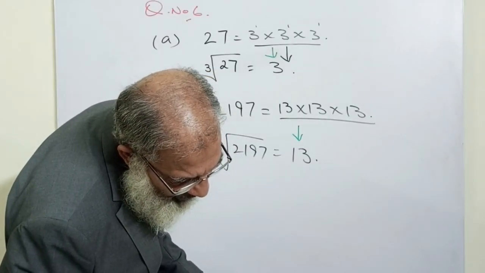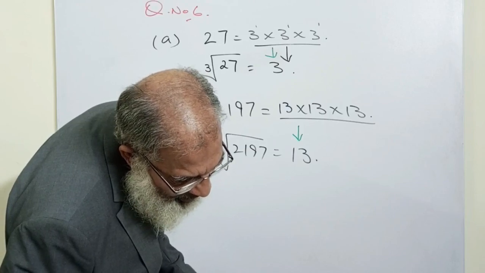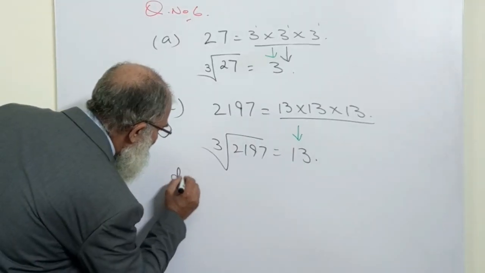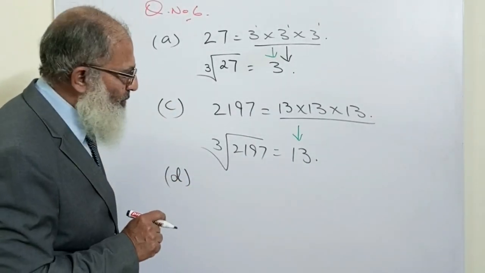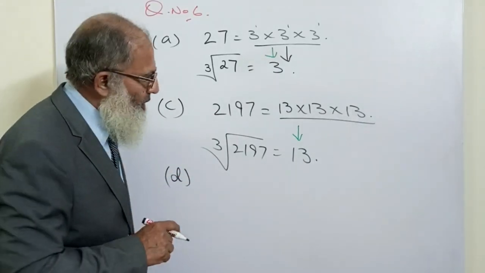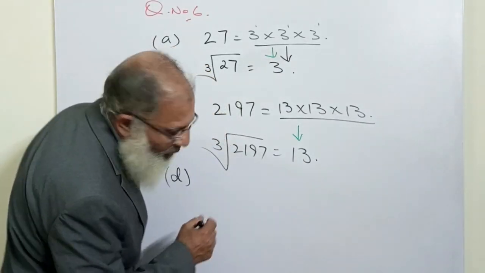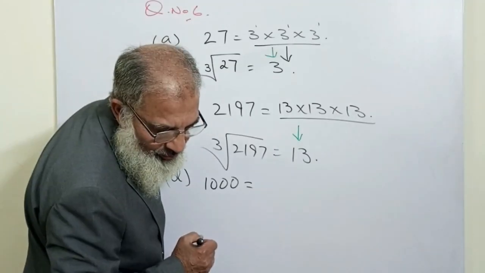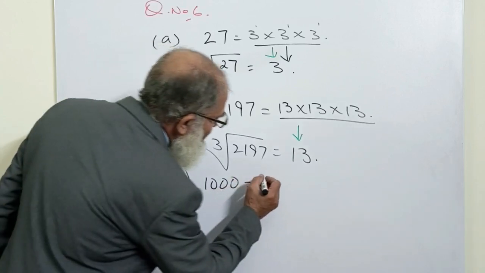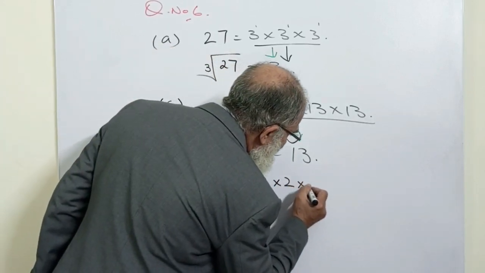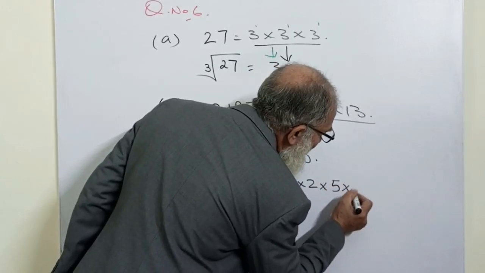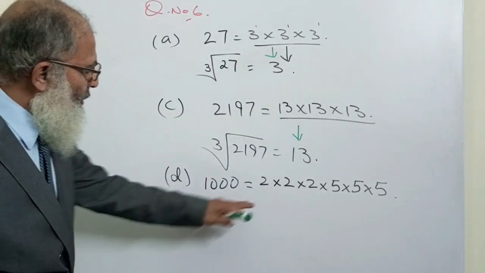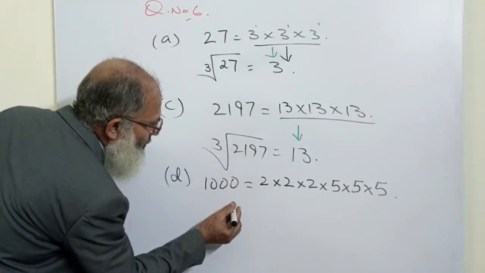Now there's a different type of question, and that is part D, because it has two types of prime factors. It is 1000, and the prime factors are 2 written 3 times, and 5 written 3 times. Again the same procedure.